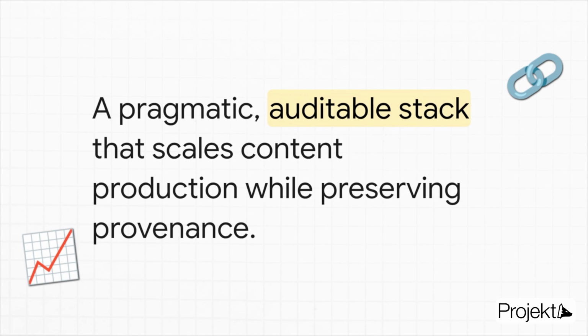So, what's the result of all this work? It's not just some cool theory. It's a pragmatic, totally auditable system that lets you scale your content production like crazy. Wow. And this is key, preserving the two things that matter most, quality and a crystal clear record of where every single thing came from.